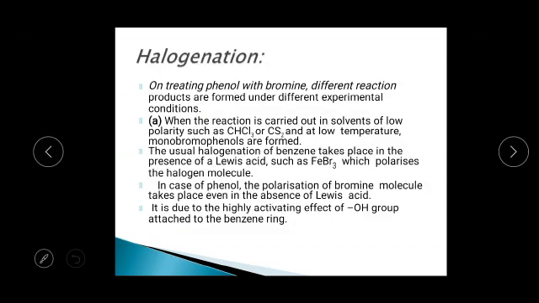Next reaction is halogenation. Halogenation is the addition of halogens. With different experimental conditions, we get different compounds. When the reaction is carried out in solvents of low polarity such as CS2 or CCl4, we get monobromo or monochloro compounds.